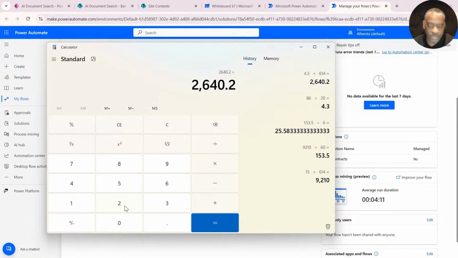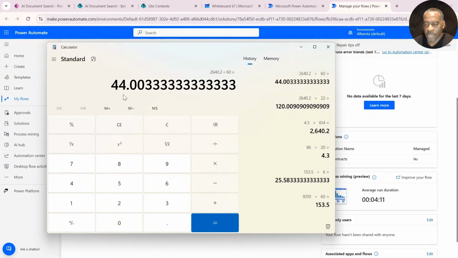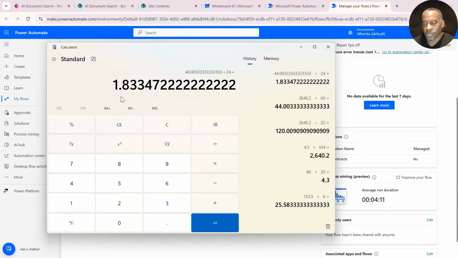So let's divide this by 60 for the number of hours, and then divide that by 24 hours. It can process all of those contracts in 1.8 days, right? And that's 24/7. So let's just round it up to 2 days.